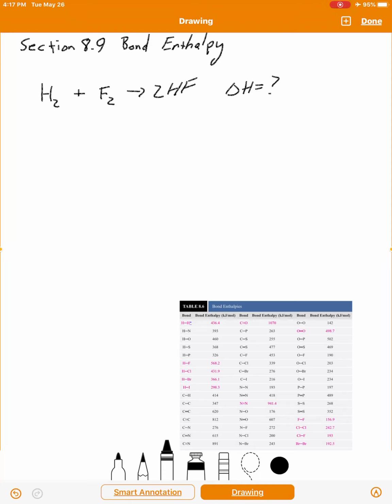But it turns out that the energetics of chemical reactions is really due to bond breaking and bond forming. If you have two atoms bound together, it's an endothermic process to break that bond.